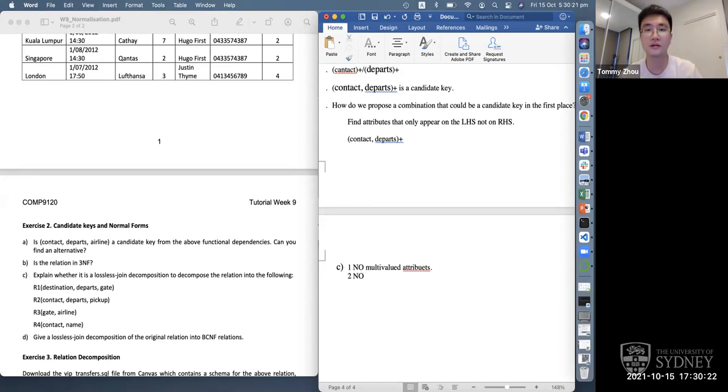Partial dependency, right? What is a partial dependency?